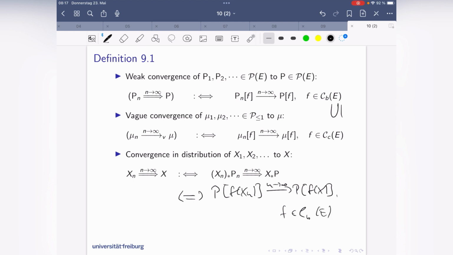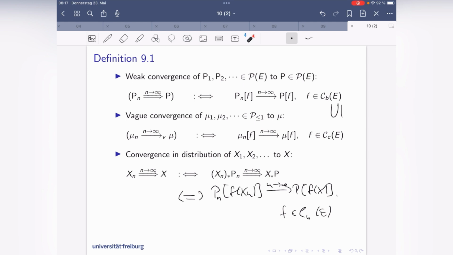To be precise, I didn't mention whether these random variables are defined on the same probability space or not. Actually, this even holds, or you can even formulate it, if they are defined on different probability spaces with different probability measures, like this: P_n[f(X_n)]. So X_n is defined on the probability space where you have the probability measure P_n. Very often you have the same probability space, then the P doesn't have an n.